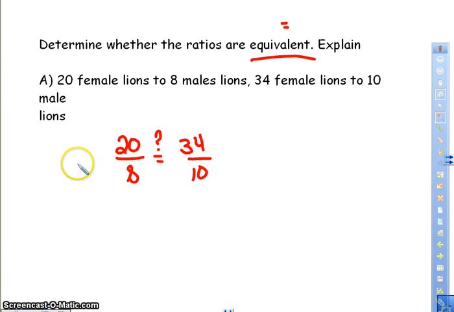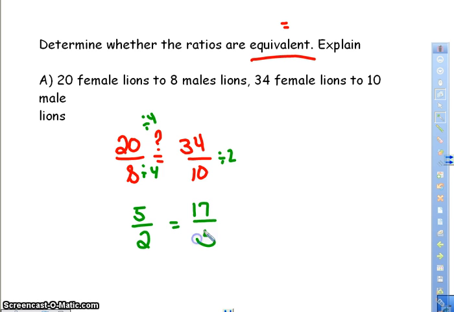So I have 20 and 8. I can divide these both by 4, and I would get 5 over 2. 34 and 10, I can divide these both by 2, and I get 17 over 5. They're both in simplest form, and they are not equal.